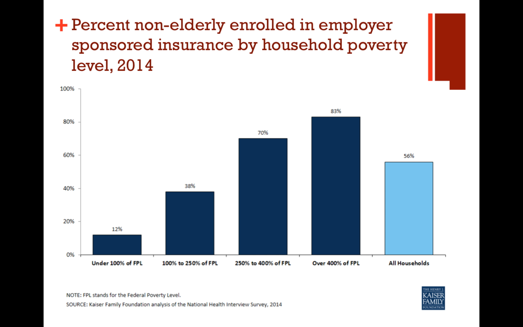Another way of looking at it: about 56% of all households have employer-sponsored insurance, but there's a dramatic difference between low income, where it's only 12%, versus high income, which is 83%.